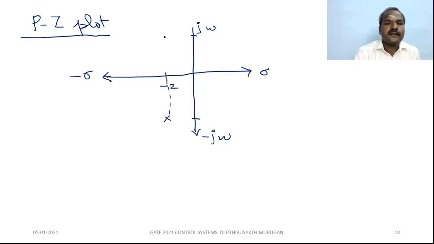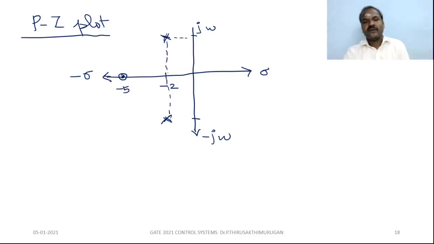So one pole here, another pole here. We mark the poles. The next zero is at -5. So we draw it in this fashion, -5.